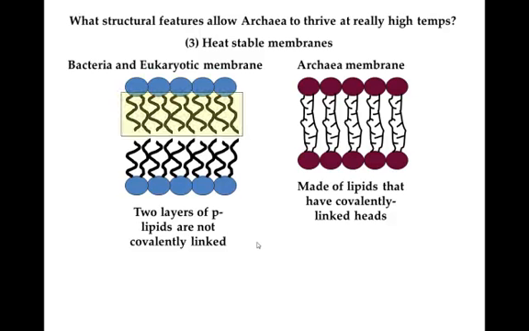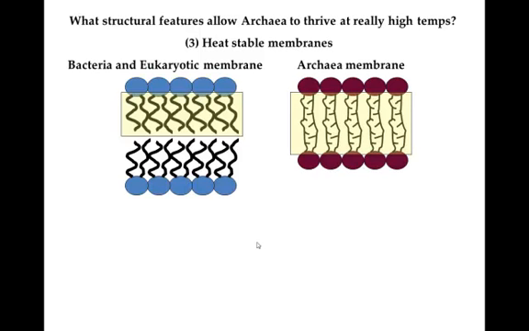Now we want to take a closer look at the types of fatty acid tails that these two different membranes have. Bacteria and eukaryotic membranes, if you were to look at their structure, look something like this. So you can see they consist largely of single bonded carbon-to-carbon chains.